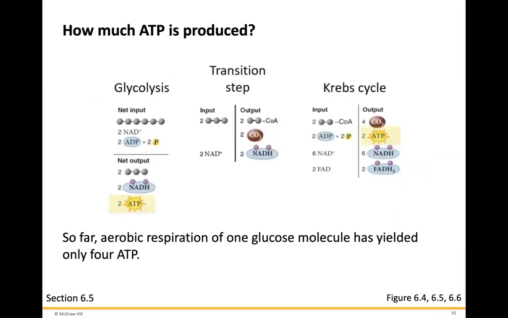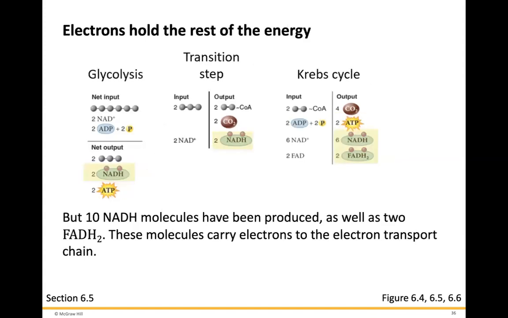So how much ATP is produced? So far, aerobic respiration of 1 glucose molecule has yielded only 4 ATPs by substrate level phosphorylation. But we also produce 10 NADH molecules, as well as 2 FADH molecules, as you can see here along the various cycle steps.